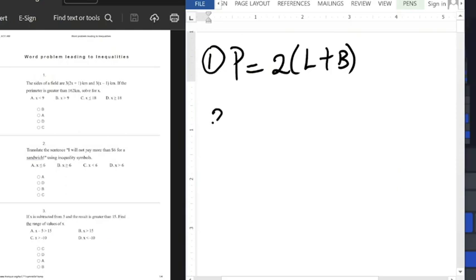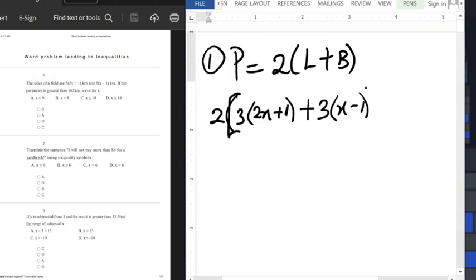That means we are saying 2 into 3(2x + 1) plus 3(x - 1), close the bracket, so everything is equal to 162.